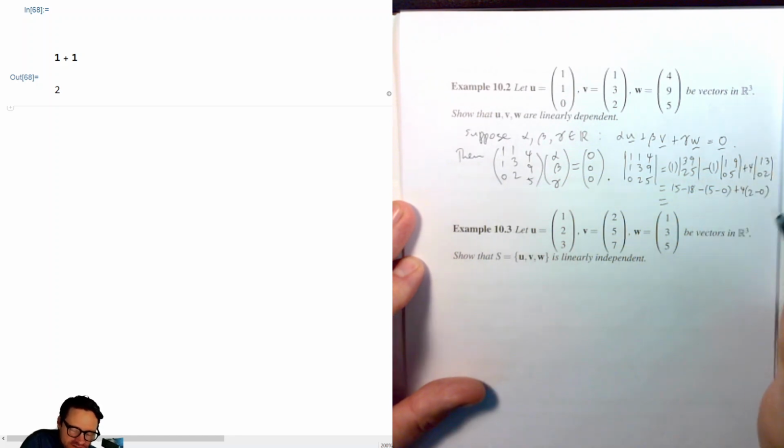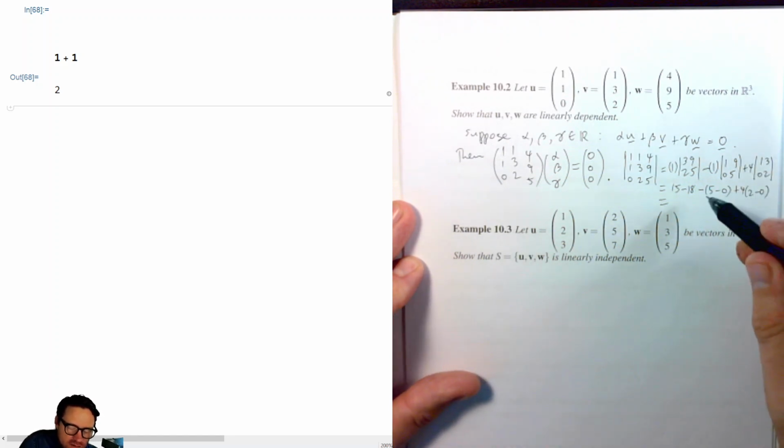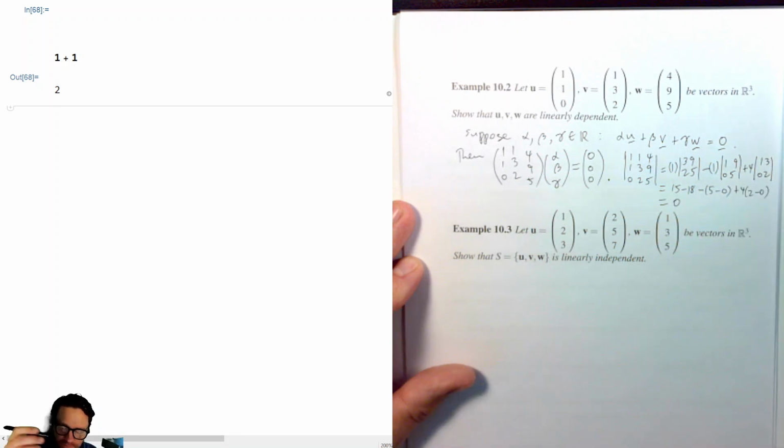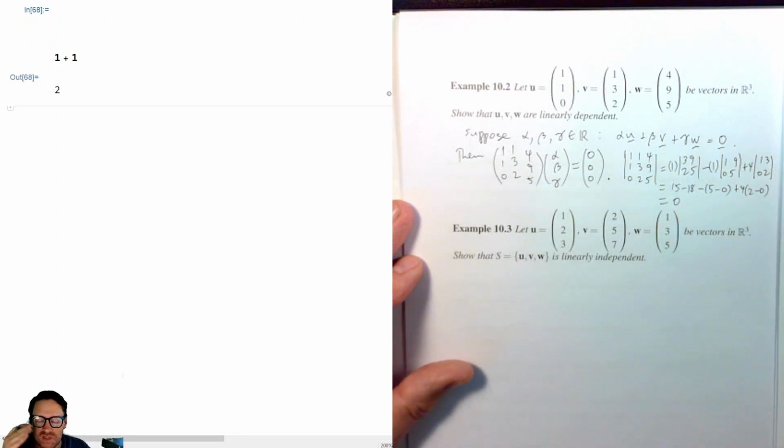That simplifies to 0, doesn't it? 8 minus 8 is 0. Okay, good. So our determinant is 0.